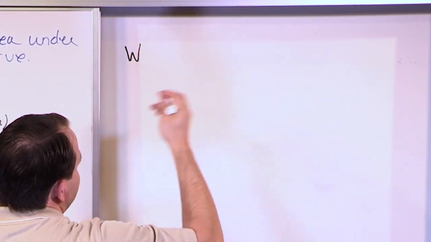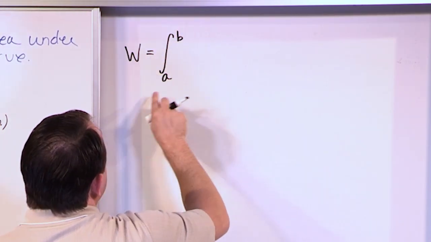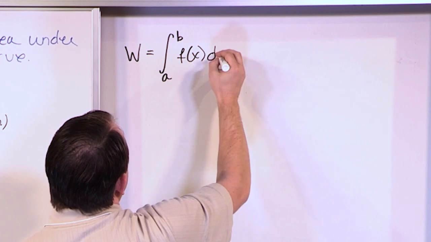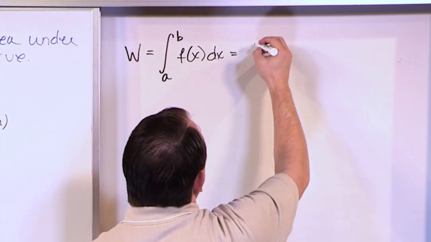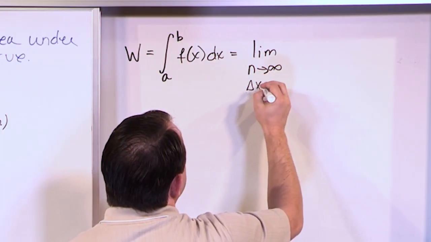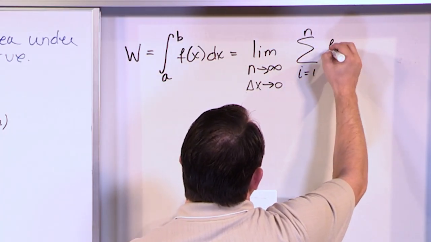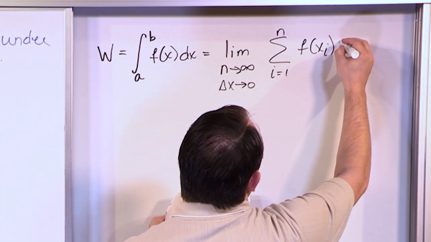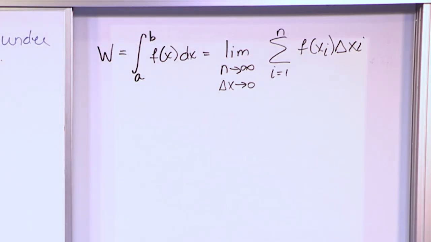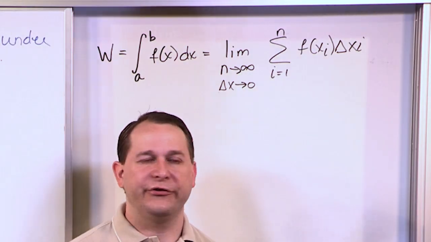So the work, which is what we've all been talking about, is defined as the integral from a up to b, that's the distance that the box moves from a to b, of the function f of x dx, I'll explain what dx means in a minute, is equal to the limit as n goes to infinity and as delta x goes to 0 of the summation i equals 1 up to n of f of x sub i times delta x sub i. That looks ugly, that looks intimidating, that looks scary, but I hope that I've broken it down in little tiny chunks so that you can really understand what this is saying.